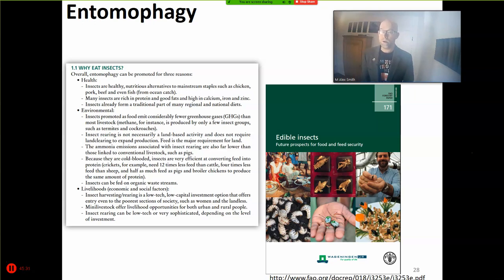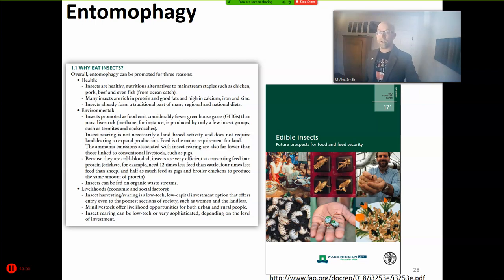Rich in protein, good in fats, high in calcium, and they already form part of the diet, so that's a health reason. An environmental reason is that they can be promoted as a unit with fewer greenhouse gases than most livestock. It's not necessarily land-based, and so doesn't require us to transform, degrade, or fragment land. And ammonia production is reduced.